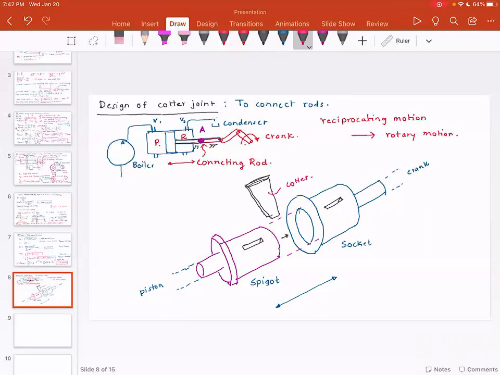So the idea is you insert the spigot into the socket, and once you insert it, this is called the socket collar. This socket collar rests against the spigot collar. So this is the socket collar. And this socket collar rests against the spigot collar.